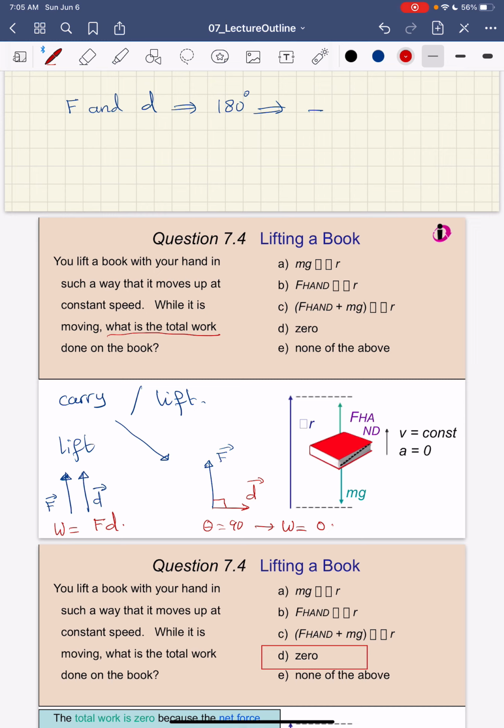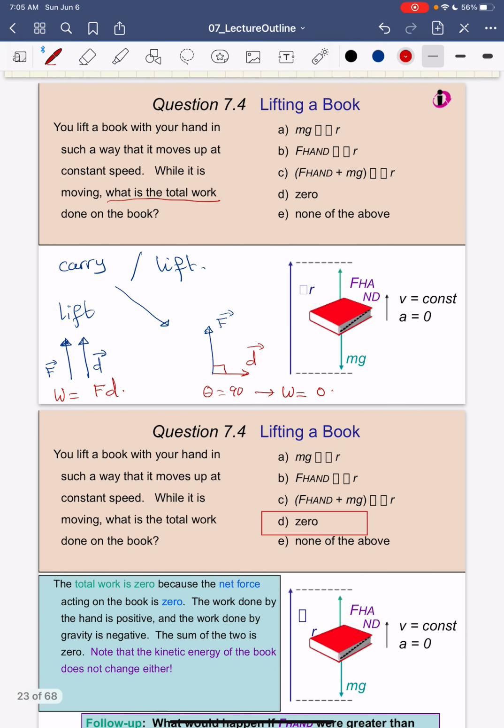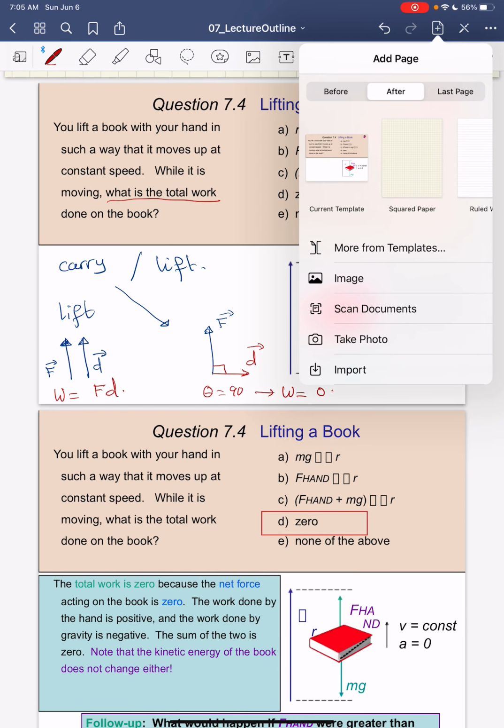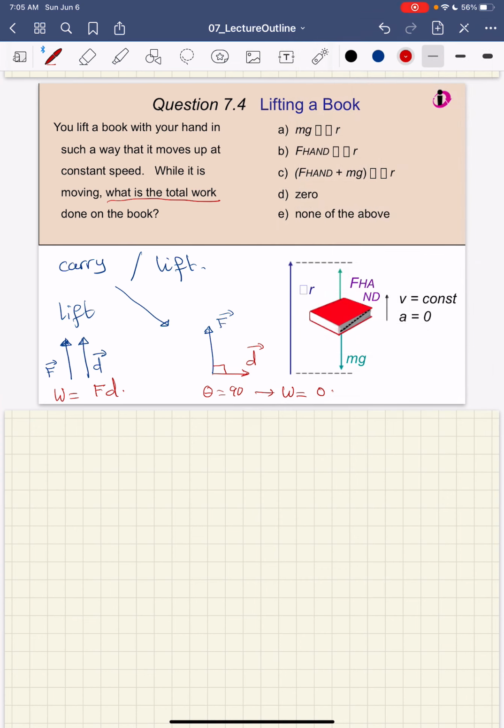Then the work done by gravity is going to equal the magnitude of the work done by the lift force. Let me add a page here. I have mg, and this is the F lift.